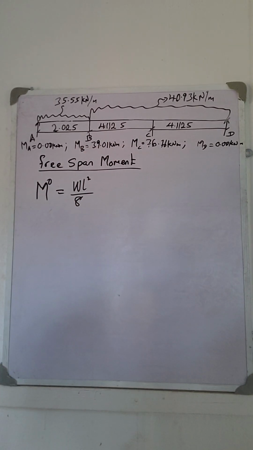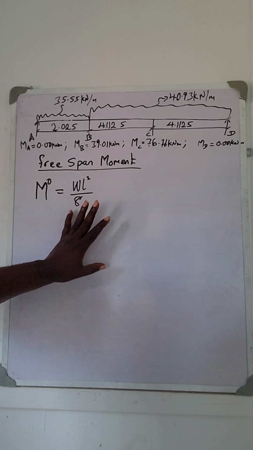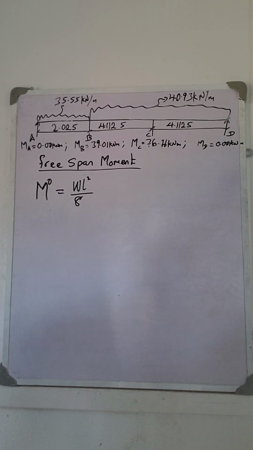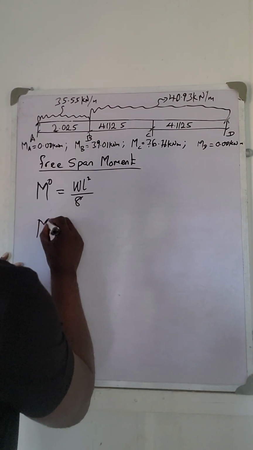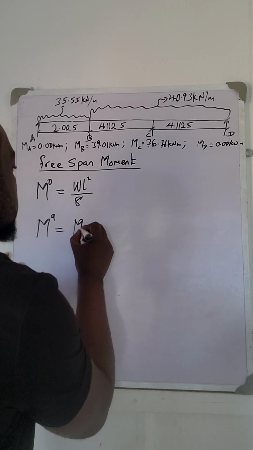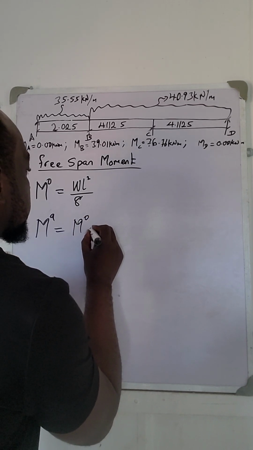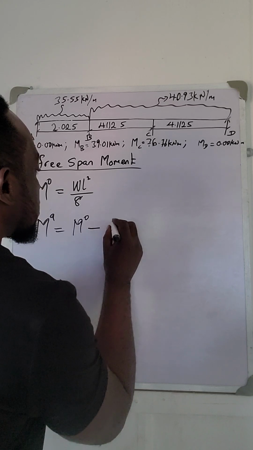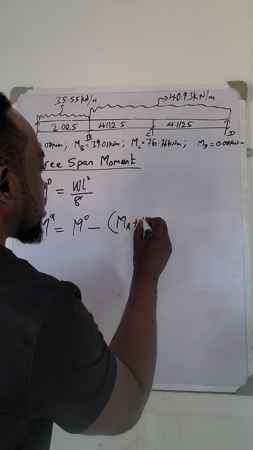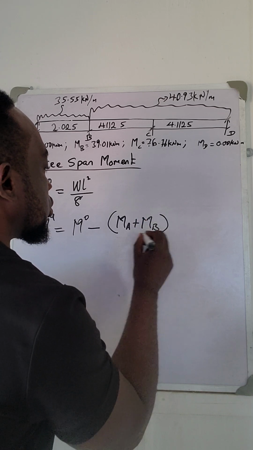That's the formula for free span moment. Whereas actual span moment, which I will denote as MA, is equal to free span moment minus support moment over 2.